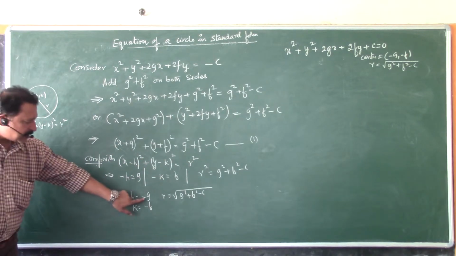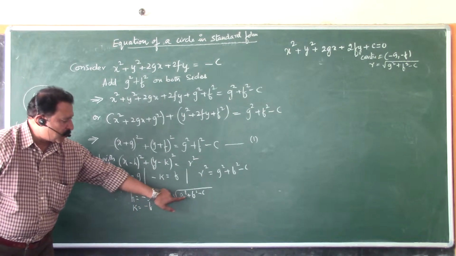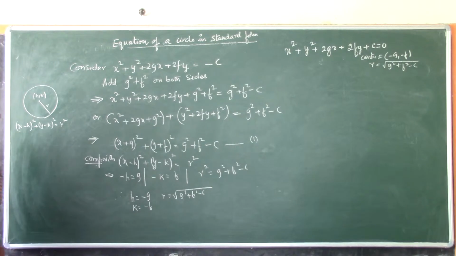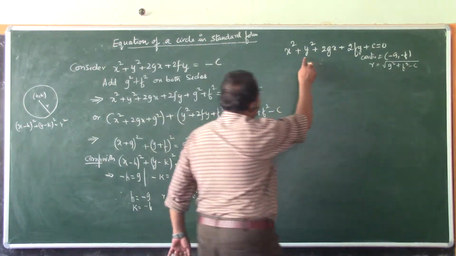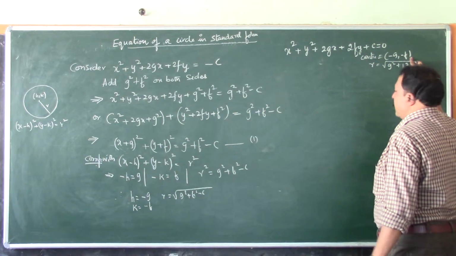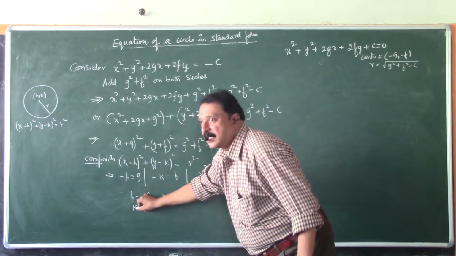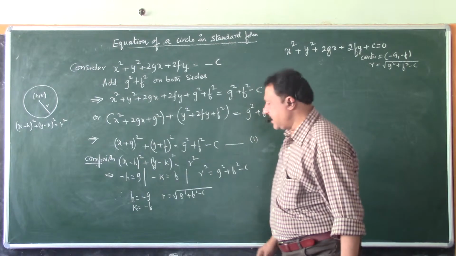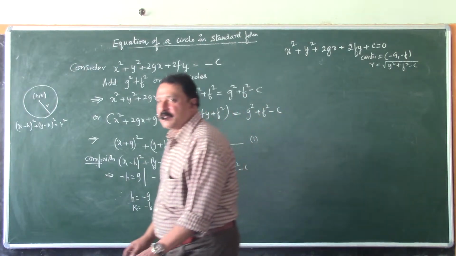Similarly, with center at minus g and minus f, and radius equal to root of g square plus f square minus c, it should represent the equation of the circle x square plus y square plus 2gx plus 2fy plus c equals 0. So its center is at minus g comma minus f. h comma k is the center; here minus g, minus f is the center, and r is the radius, that is root of g square plus f square minus c.